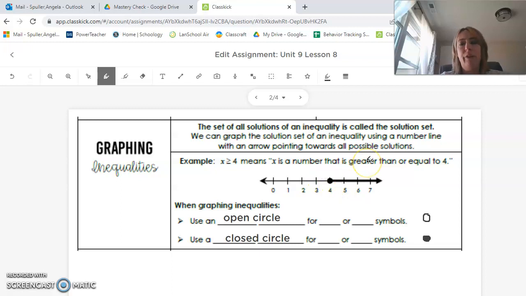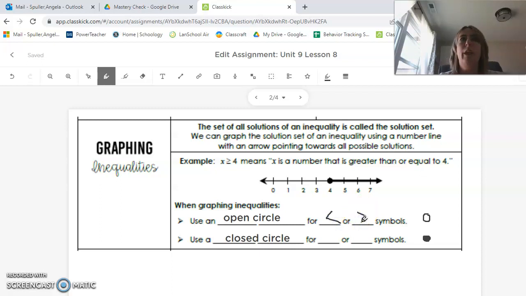Then the arrow goes in the direction pointing. If it's greater than, it goes to the right. If it's less than, it goes to the left. Always remember less than, left. So when do I use a closed circle? When do I use an open? Well, an open circle is for less than and greater than.